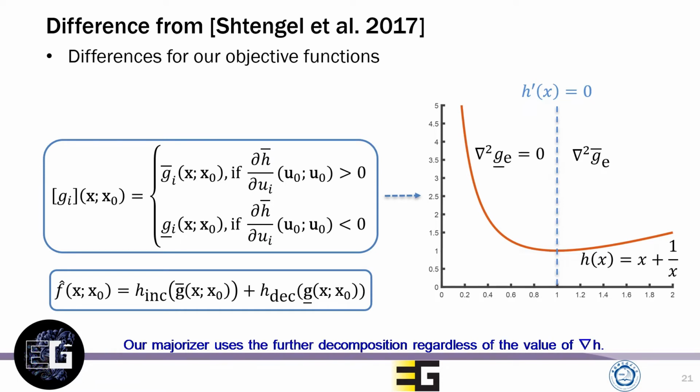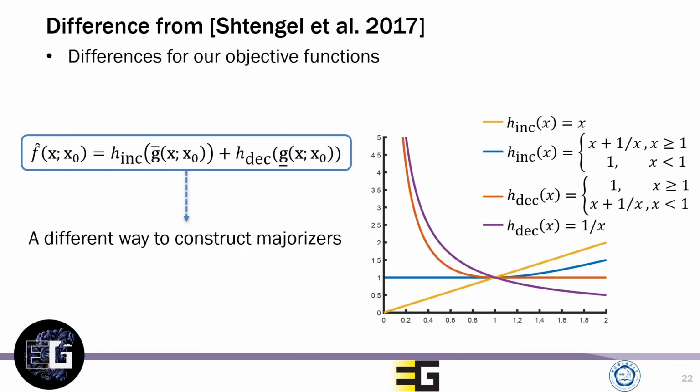Our modulator uses the further decomposition regardless of the value of gradient h. Actually, our method can have the same modulator as Sheldon et al.'s by choosing some special decompositions. But by choosing different decompositions, our method provides a different way to construct modulators.